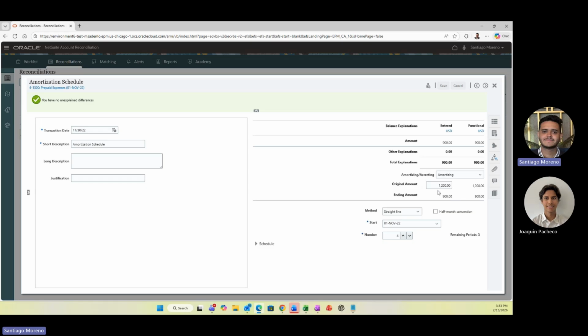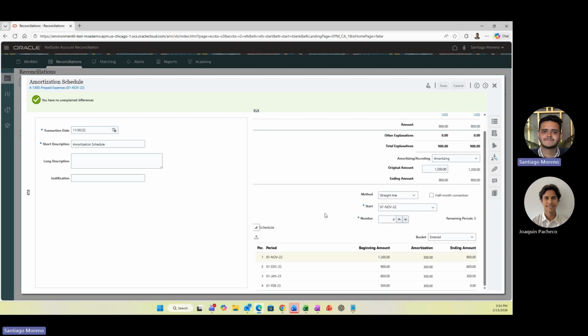So you can see here that the original amount was $1,200, but then the ending amount is going to be 900. The reasoning behind this being 900 is because we created an amortization schedule that behaves in this case as a straight line, and it was amortized in 4 months.